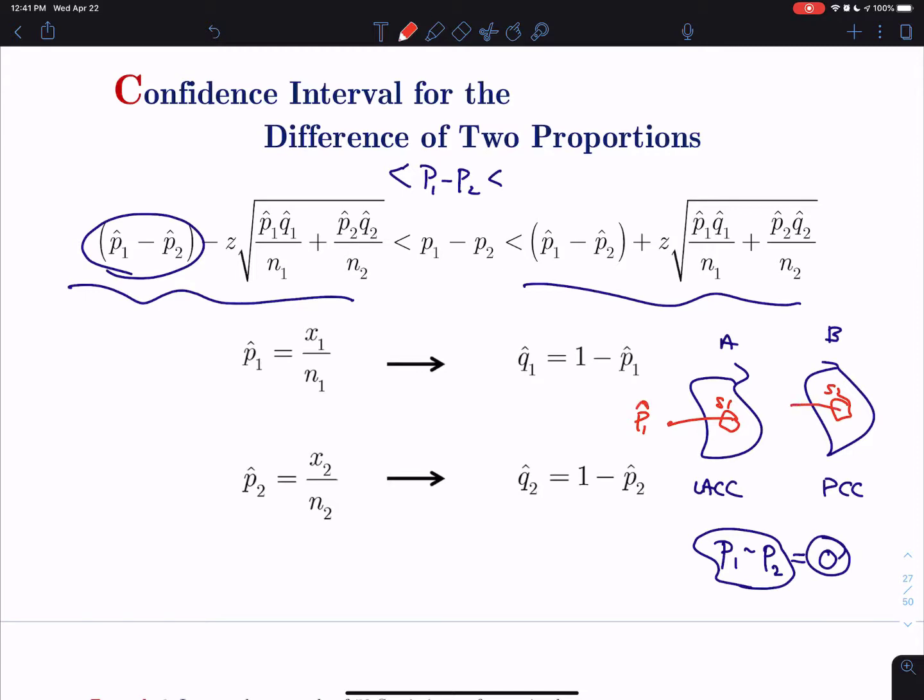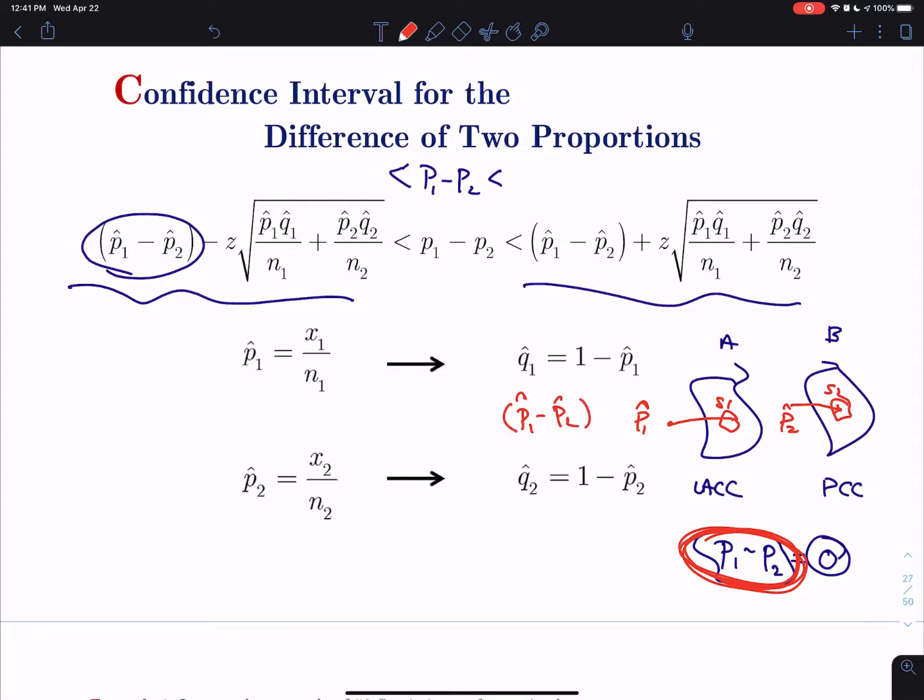We find a percentage from the second sample, P2 hat, and since having P1 minus P2 is a dream for us because we don't know it, at least we can have P1 hat minus P2 hat, which is the difference of the sample percentages.